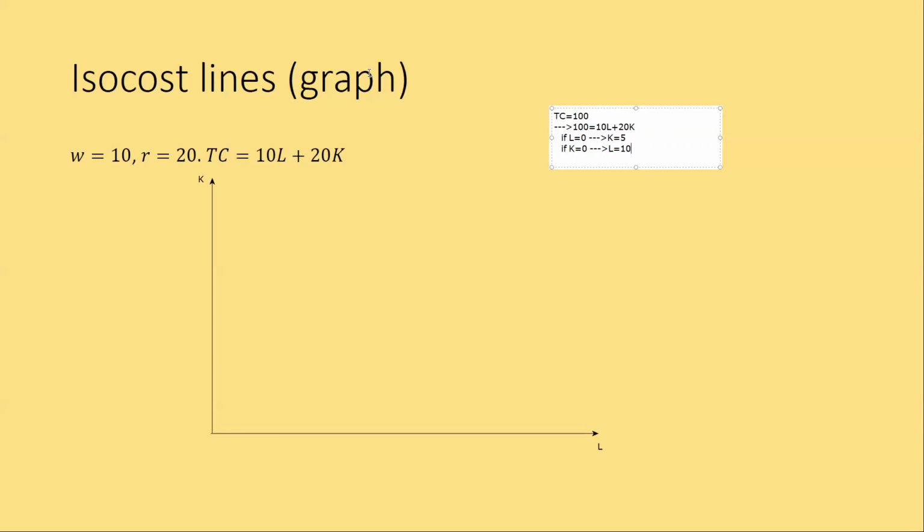And to draw this, let's say this is L equals 10, and this point is K equals 5. So this iso-cost line will be a straight line connecting these two points. And this straight line is the iso-cost line for TC equals 100.